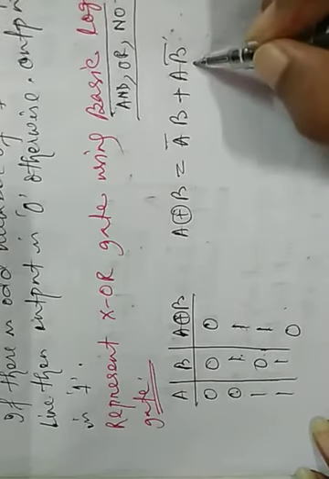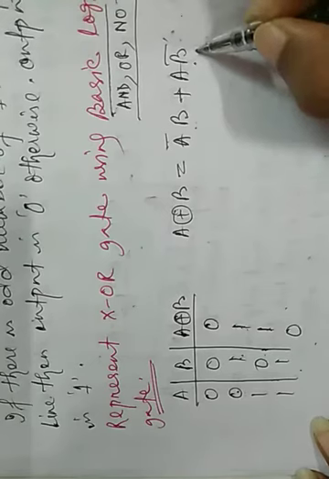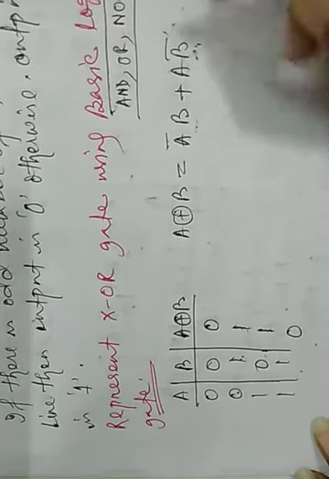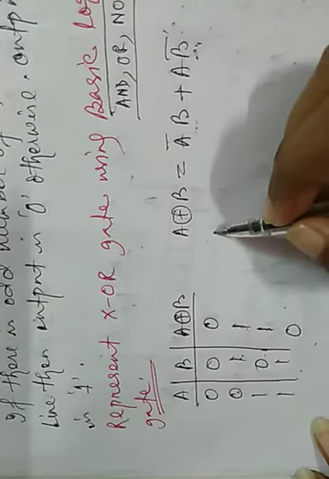All of you know how to make a Boolean expression from a truth table. So from the truth table of XOR gate we can make the Boolean expression, and from this expression we can create the logic gate also.